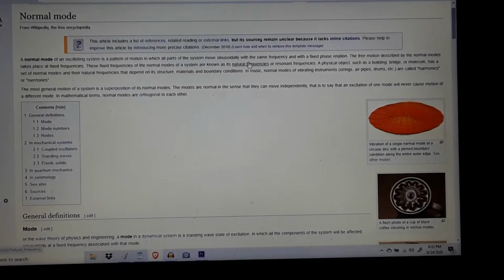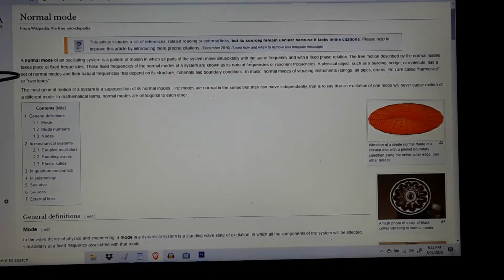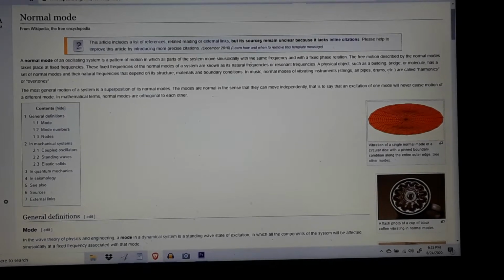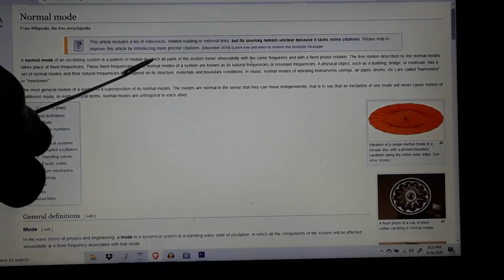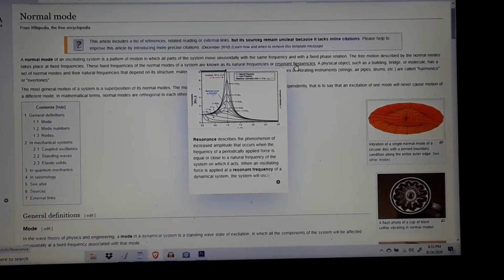All right. With the same frequency and with a fixed phase relation. The free motion described by the normal modes takes place at fixed frequencies. These fixed frequencies in the normal modes of a system are known as its natural frequencies or its resonant frequencies. Okay?